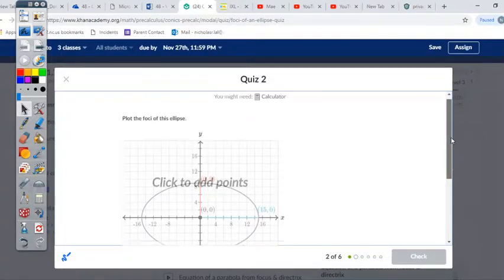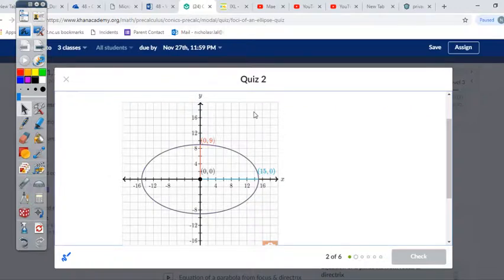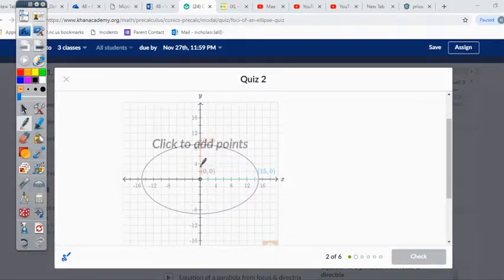And let's plot the foci of the ellipse, okay? So, find the foci. First of all, we know that A is 15, B is 9, and we know this because for an ellipse, A is always greater than B. And because A is moving horizontally, we know this is a horizontal ellipse.